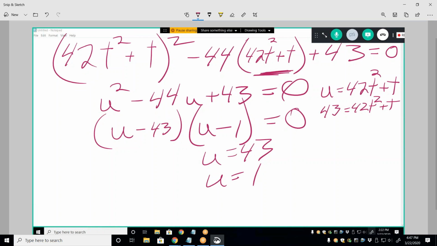It's quadratic, so I want to move everything to one side, leave 0 on the other. 43 doesn't have any factors, so I know I've got to have a 43 and a 1. And so I better break up my 42t squared as 1t and 42t.